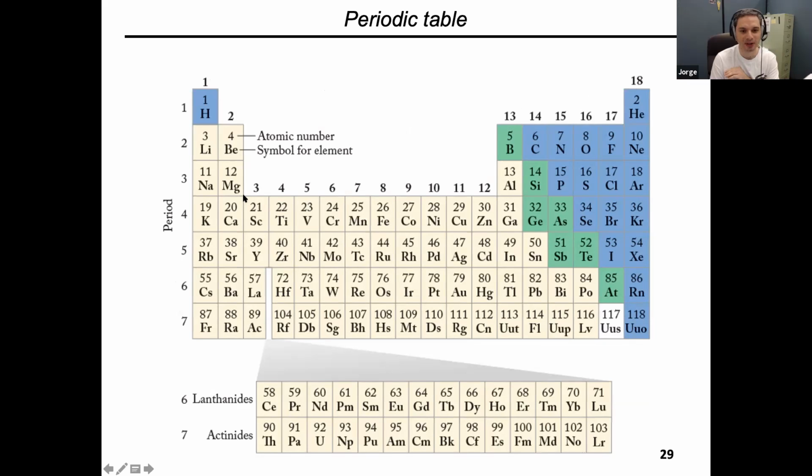So let's answer the question from earlier. The reason why you subtract 10 here, we can do this in the discussion, but once you overcome the transition metals, you start to fill up the d orbitals, and the maximum capacity of the d orbitals is 10. That's why you subtract 10 when you move to the right side here.